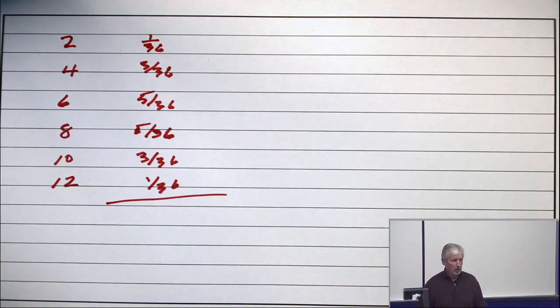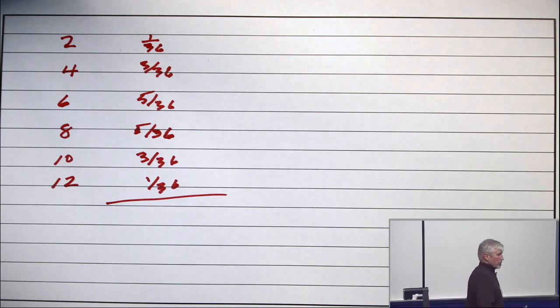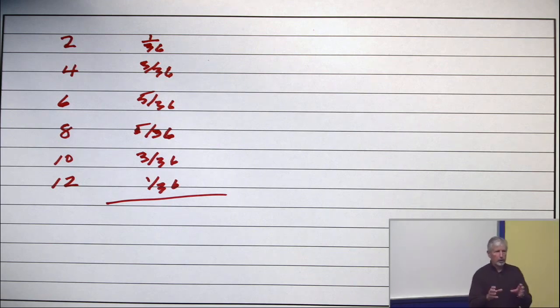For the 4, why don't you count the 2 twos twice, like 2 on the first die and 2 on the second die? It's a good question. Let me try to answer it this way. Paint the dice. Have a red one and a blue one. Roll them. Now, just look at the 2 dice. Either the red one is a 3 and the blue one is a 1, or the red one is a 2 and the blue one is a 2, or the red one is a 1 and the blue one is a 3.